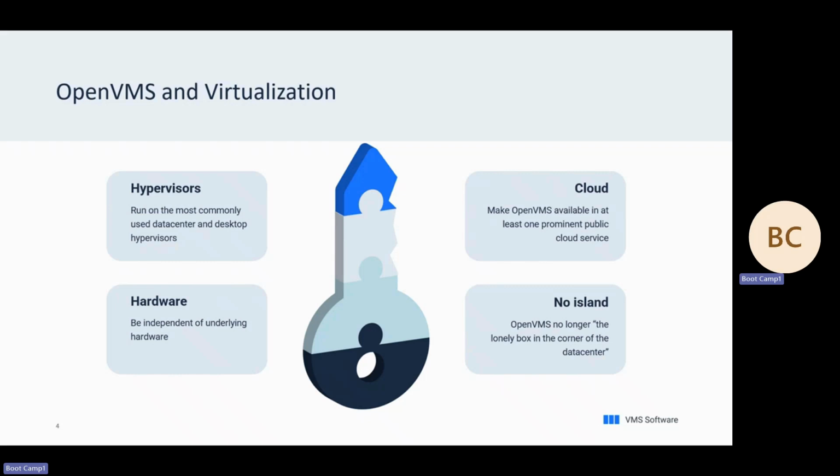When it comes to hardware, our goal is that OpenVMS is completely independent from the underlying hardware, provided, of course, that the CPU in your system meets the minimum requirements for OpenVMS.